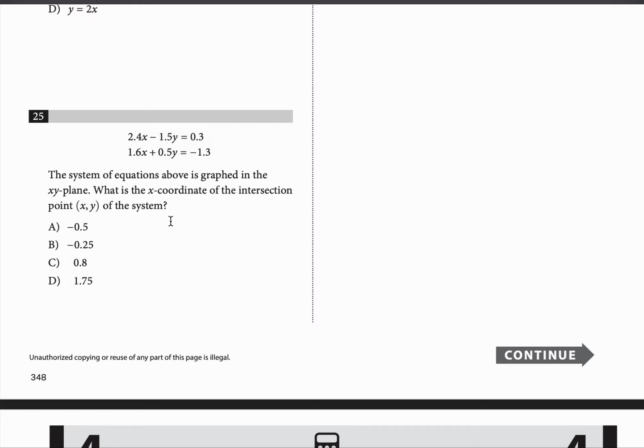The x-coordinate of the intersection. Okay, that's kind of an interesting structure. The x-coordinate of the intersection point of the system.